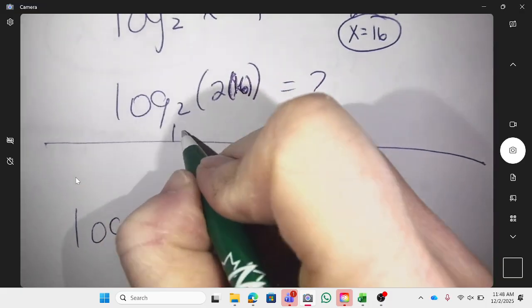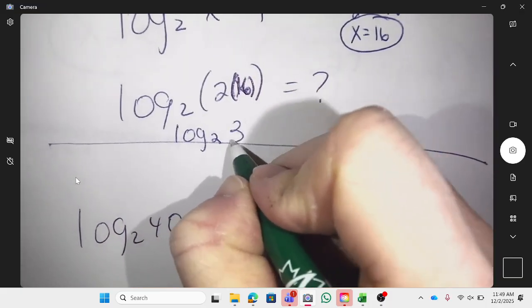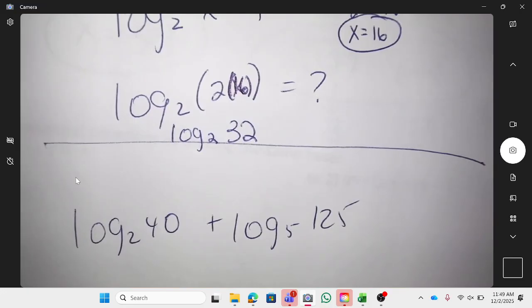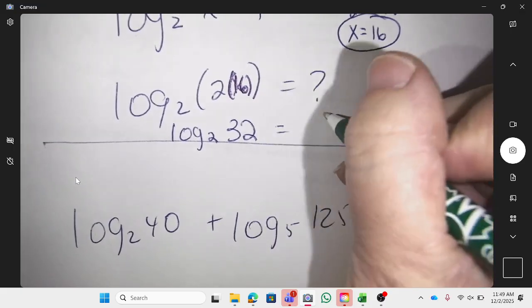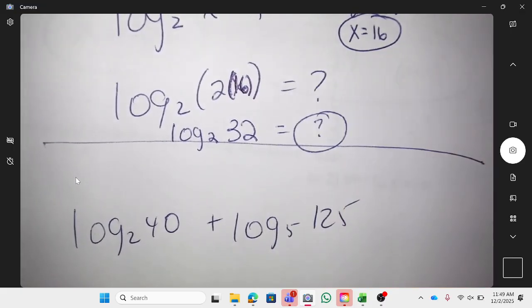So log 2 of 32. And you need to figure that out. So what is your brain going to do?